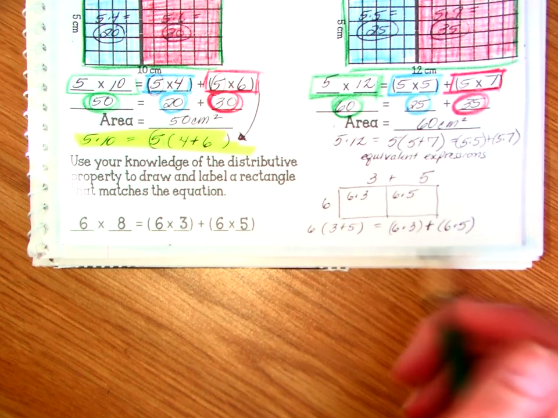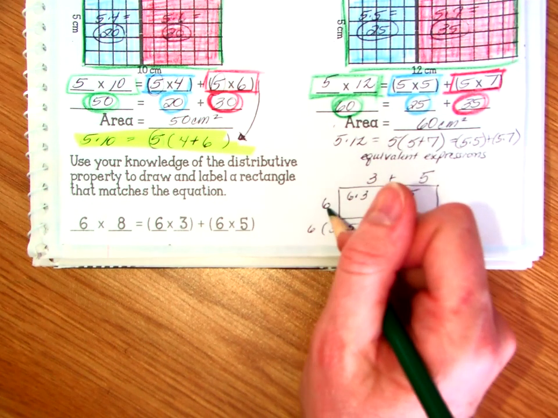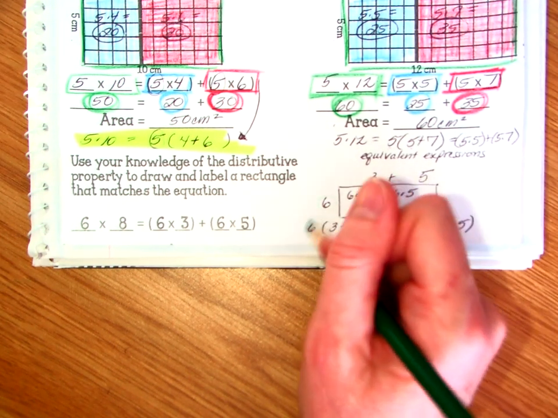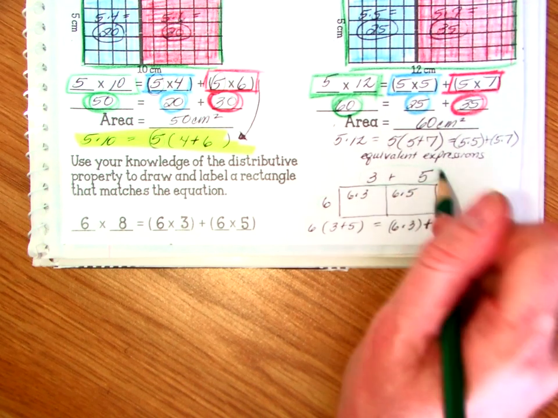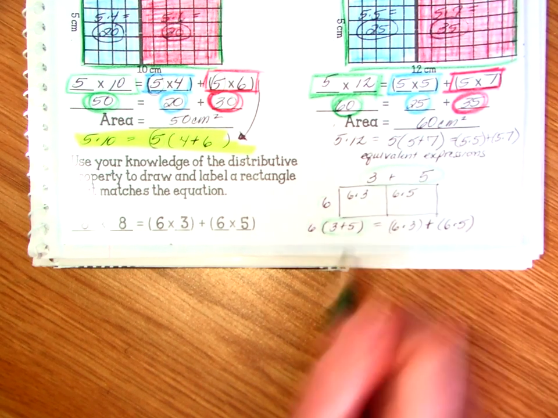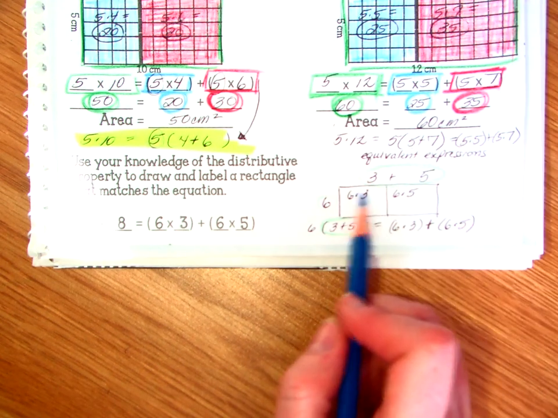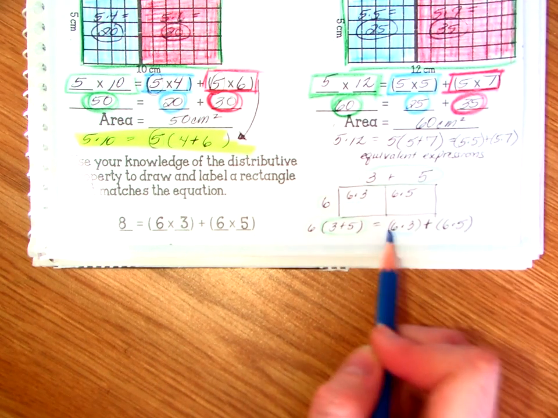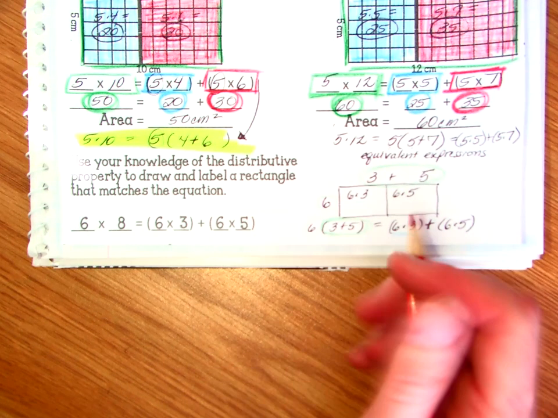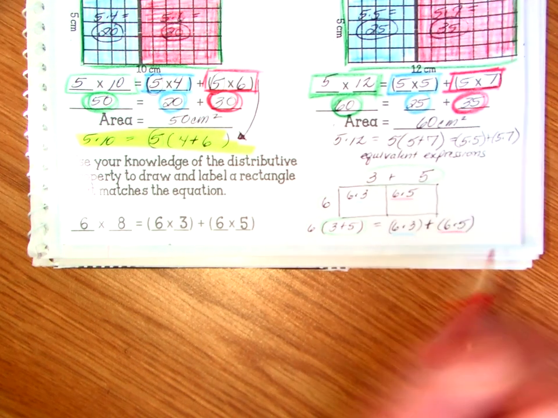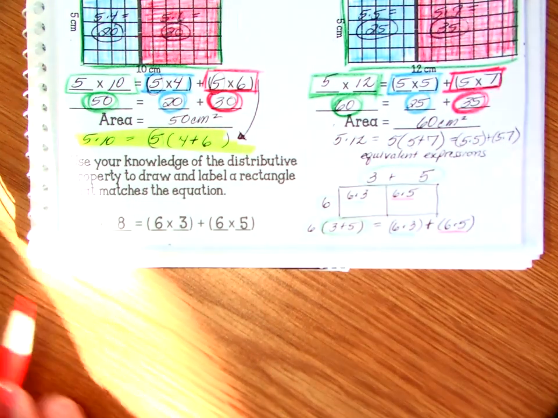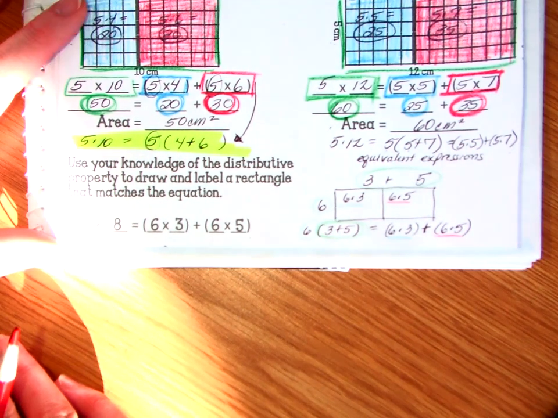So to get the area of this model, it's either going to be 6 times 3 plus 5, or it's 6 times 3 plus 6 times 5. Either way, you get the same solution.